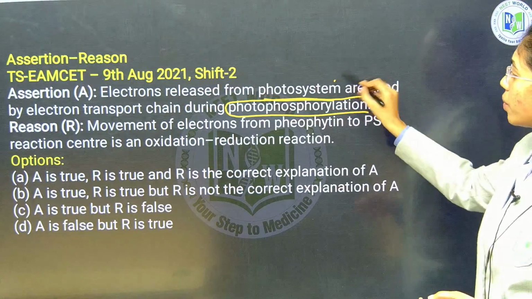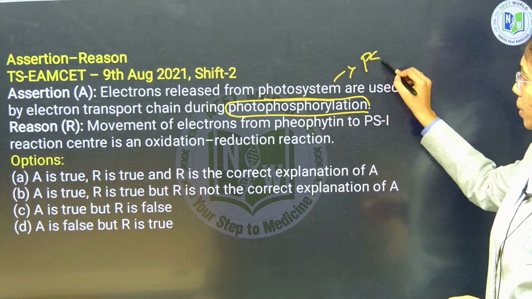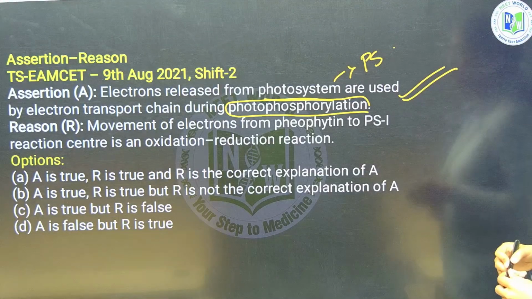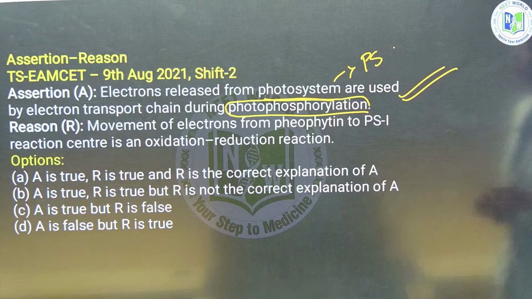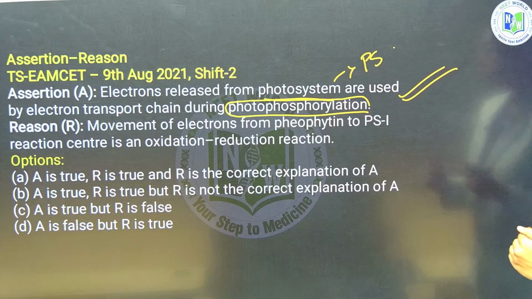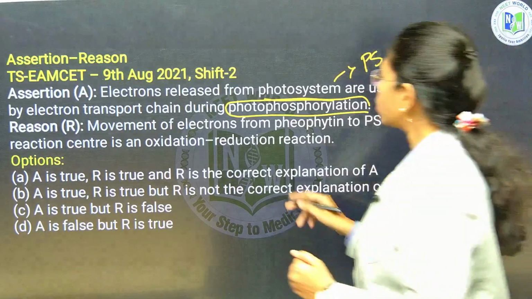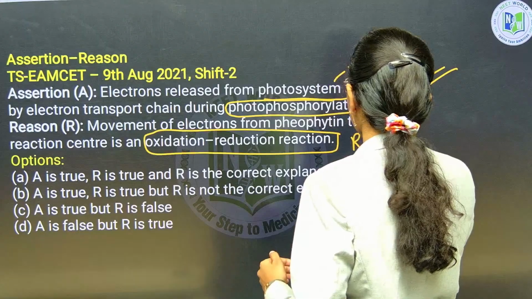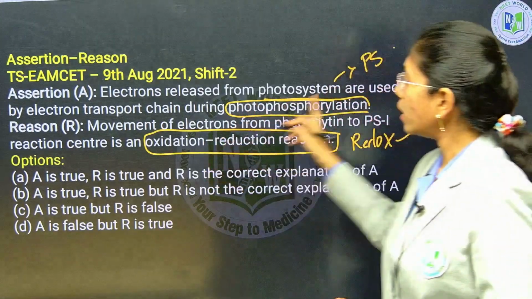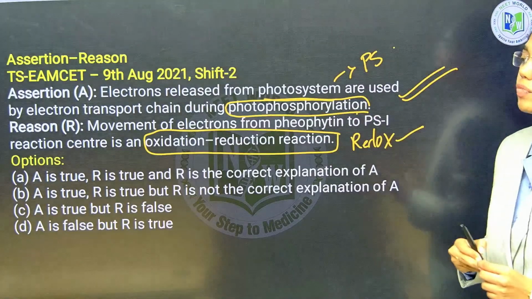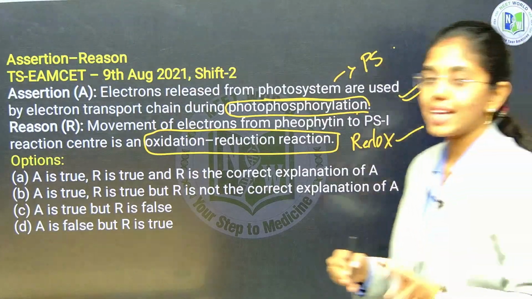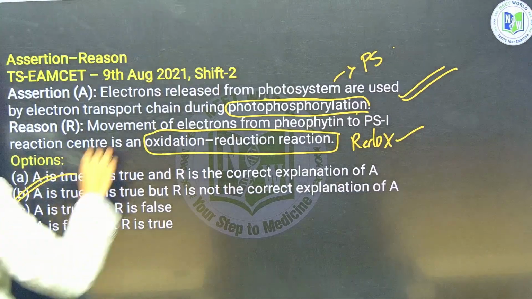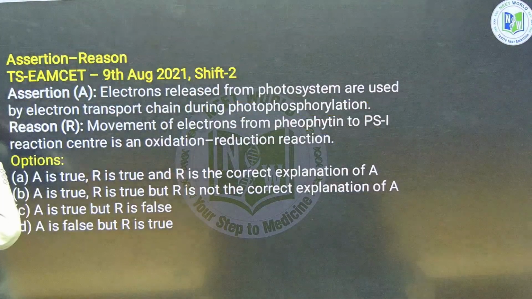Electrons which are released from photosystem are used for the ETS during photophosphorylation. True only. Reason: Movement of electrons from pheophytin to PS1 reaction center involves oxidation reduction reactions only. Yes, it involves redox reactions, but nowhere is it explaining how the electrons are being utilized for photophosphorylation. Both the statements are correct, but there is no accurate explanation for the reason explaining the assertion.